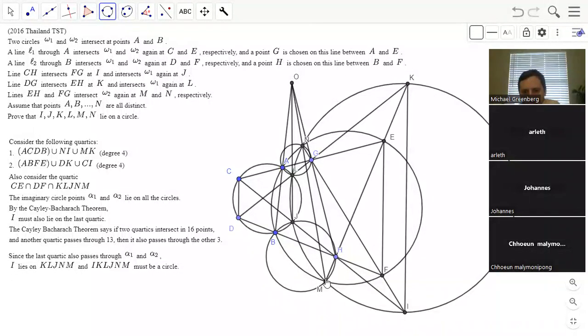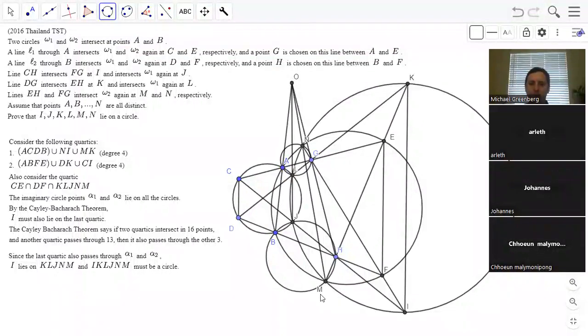So angle JHM is half the sum of these two arcs, and angle JBM. Yeah, we don't know too much about JBM. But JBH and JMH, we probably know. Yeah, that's probably just an angle chase, because angle JBH is angle DCH, and angle JMH is JIH.